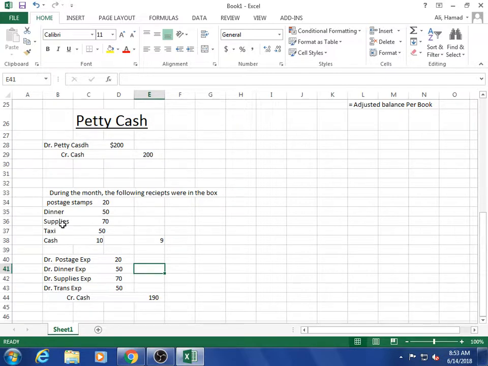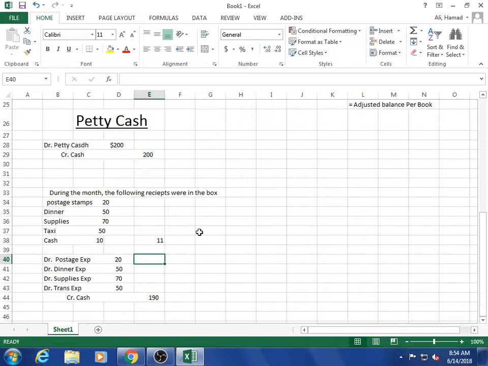So in this case, what do we do? We are short $1, so you have to debit cash short or over. That means we're going to get $191 in cash. Now assume that you have $11 in cash instead of 10.